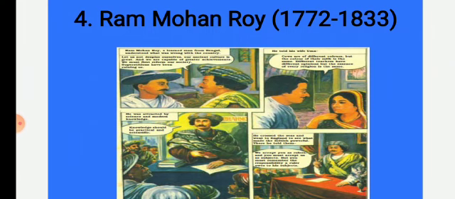He pointed out that all religions preached the same thing. He understood the importance of science and modern knowledge. He started a newspaper, but the Britishers stopped it. He crossed the seas and went to Britain to see what made the British so powerful.